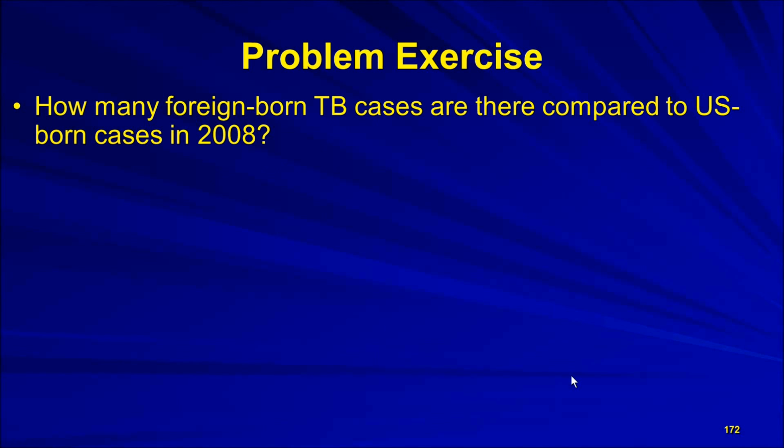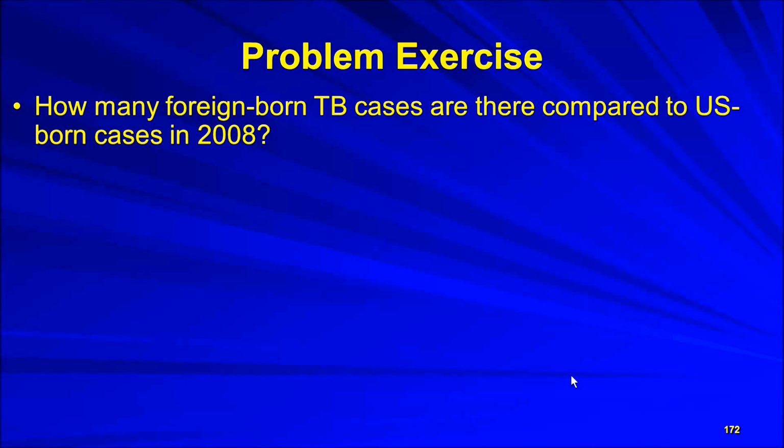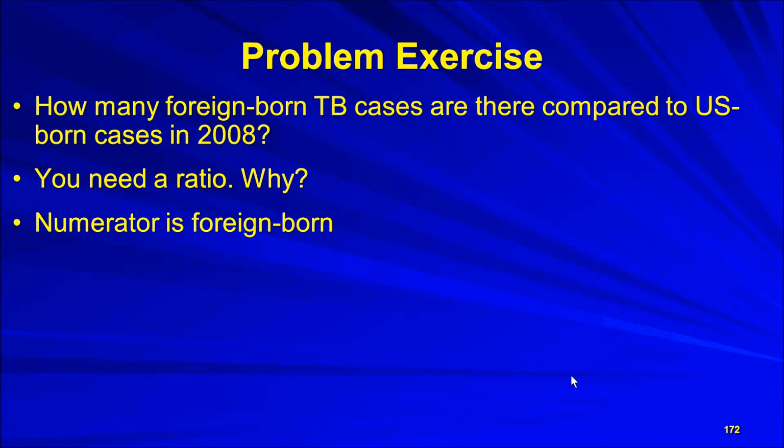How many foreign-born TB cases are there compared to U.S.-born cases in 2008? Okay, you need a ratio. Why? Because they're separate and distinct. They can't be born in a foreign country and the United States. The numerator is foreign-born.